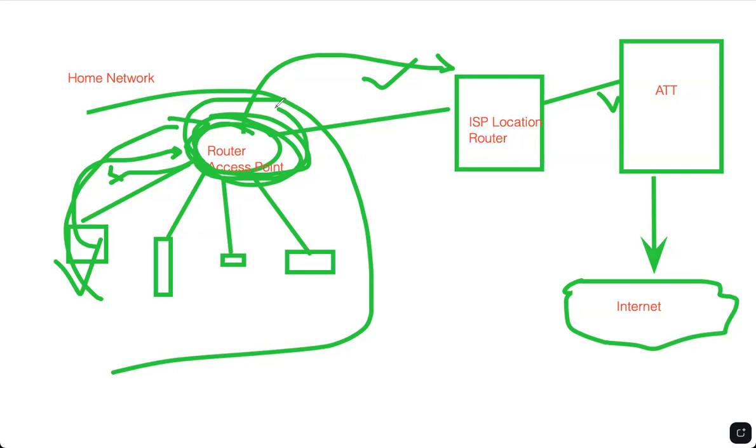Just think about your house. Your house has the main door, which is the gateway to the outside. Similarly, when you have a connection that is making you reach out to the internet, that is called your gateway. That is your layer 3 hop.